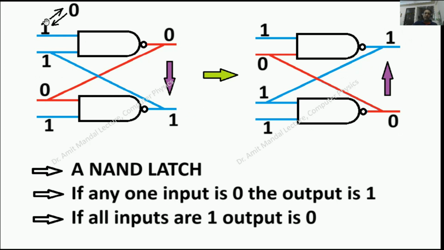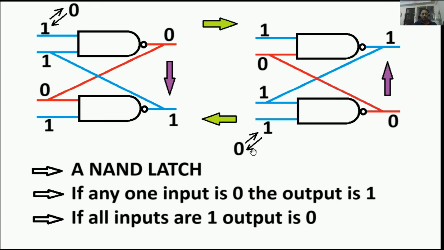So the outputs are inverting. In case we want to get the previous state back, we do the same job with the other input: change it to 0 for a while and then back to 1, and you will get the previous state, 1 0 to 0 1.